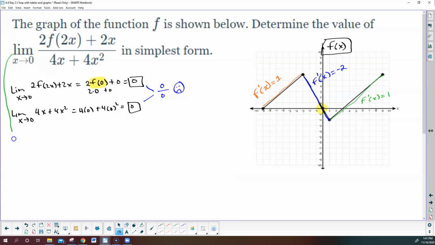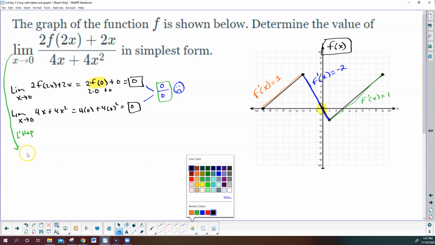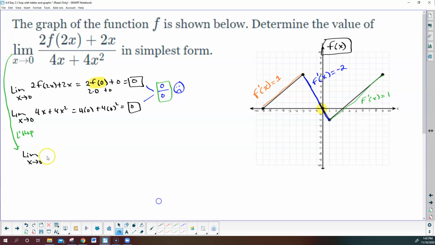Now, that's the ticket I need right here to do L'Hopital's rule. And L'Hopital's rule states you can take the derivative of the top over the derivative of the bottom and apply the same limit. Well, notice the derivative of the top, we have f in there.